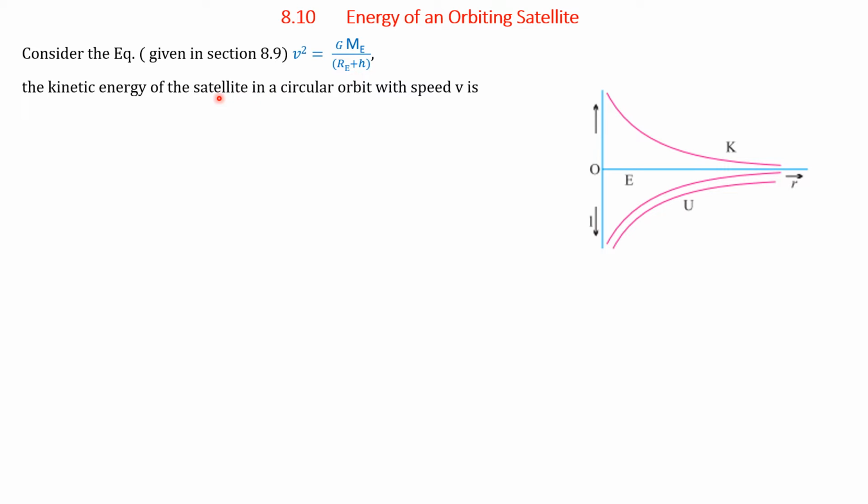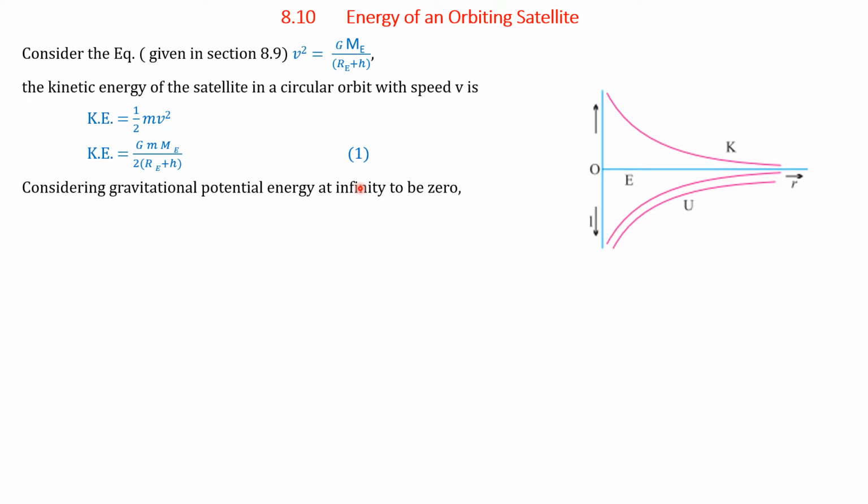The kinetic energy of the satellite in a circular orbit with speed v is given by the relation, fundamental equation kinetic energy is equal to half mv square. Here we substitute the value from the above equation. Hence kinetic energy is G into ME divided by 2 into RE plus H. Let it be equation 1.